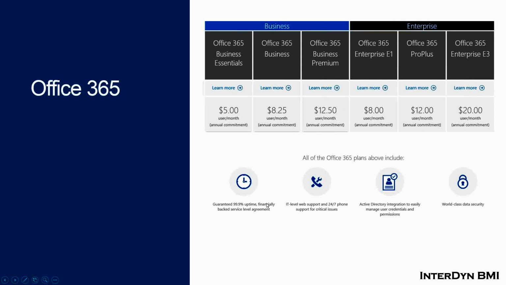So in all of the plans, they include the uptime, which is good, and the 24/7 support, which is great to use. This piece right here did not exist: the Active Directory integration did not exist for all the packages before. They didn't include it in those 25 and unders. So that's a big change and a big addition.